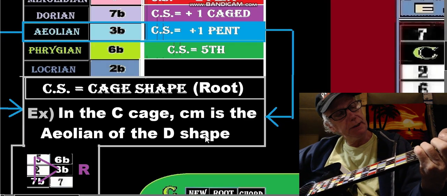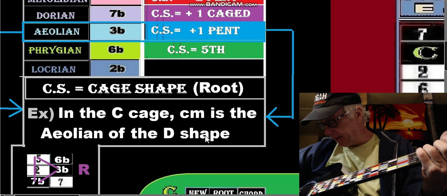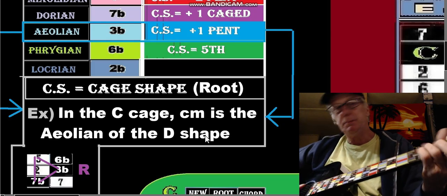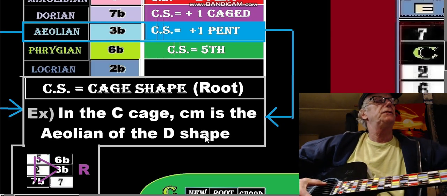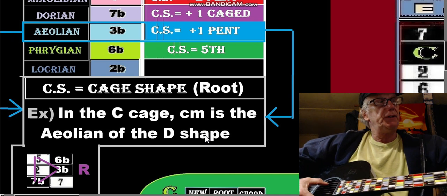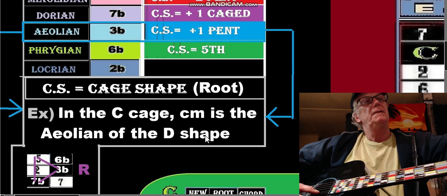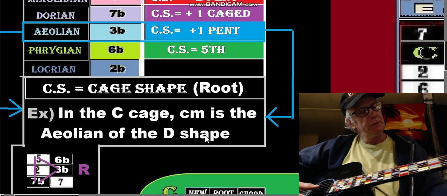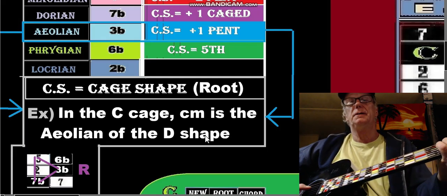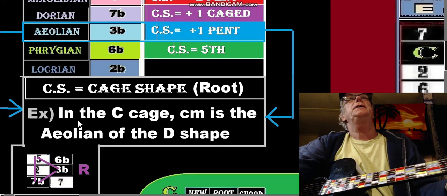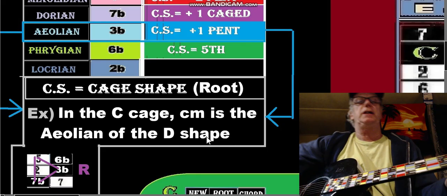G, C, and an E flat there. Because the tuning of my guitar down tuned is C, F, B flat, E flat, G, C. So here's my C minor. C minor is the Aeolian of the D shape.